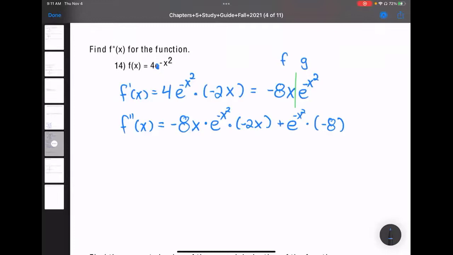Okay, so now we're going to simplify this to get our final answer. That is -8 times -2 is +16. x times x is x squared. e to the -x squared minus 8 e to the -x squared.